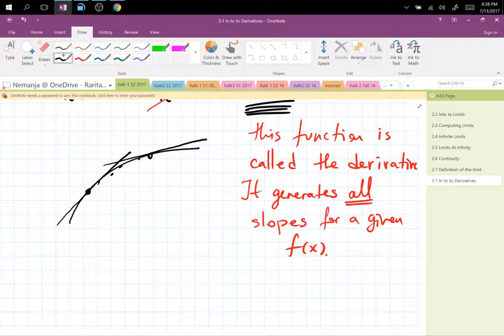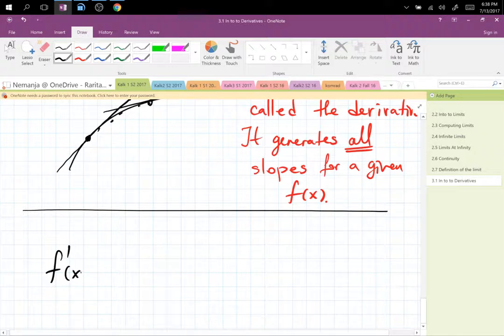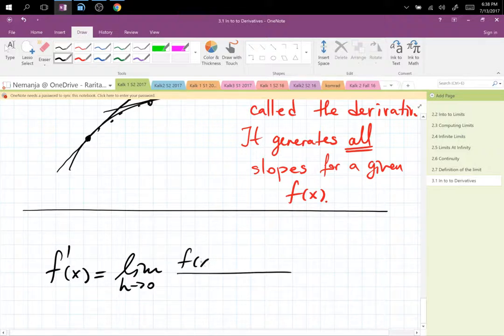So I'm going to write one more time that f prime of x is equal to the limit as h goes to 0 of f of x plus h minus f of x, divided by h.